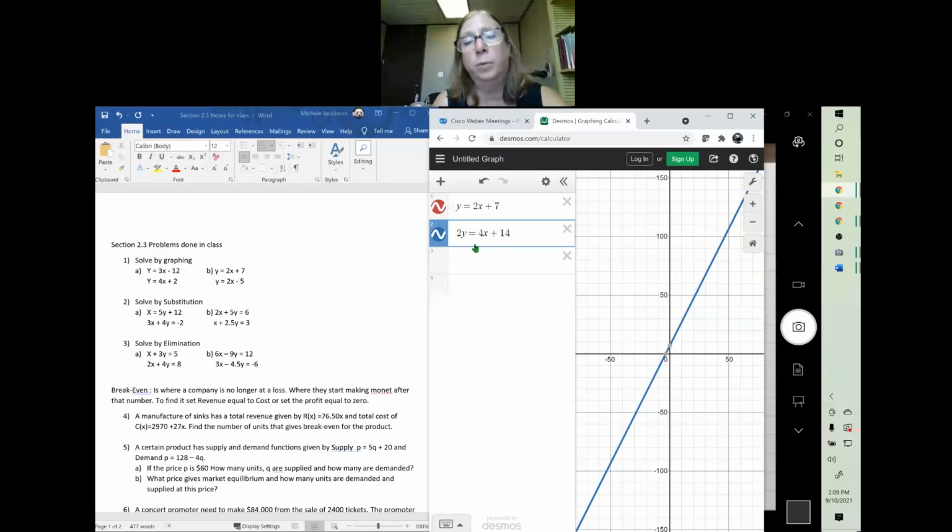And that's why I always have you solve for y, because then they're all in simplest form. Because this equation is not wrong, it's just in a different form. And so if I have you solve for y, they're all in simplest form. But when they land on top of each other, that's the same line. It's infinitely many solutions. So if they're parallel, it's no solution. If they land on top of each other, it's infinitely many solutions. Any questions on that?